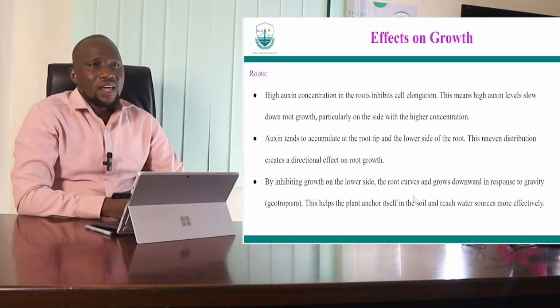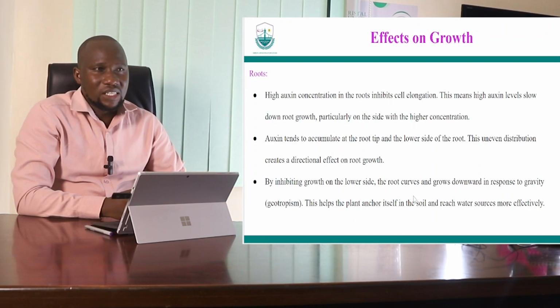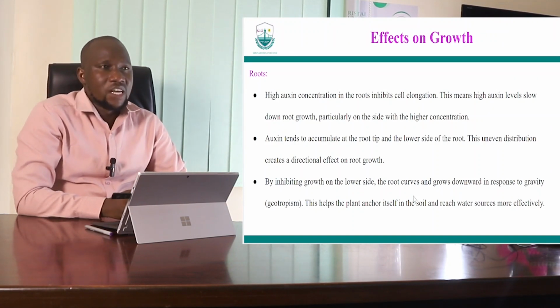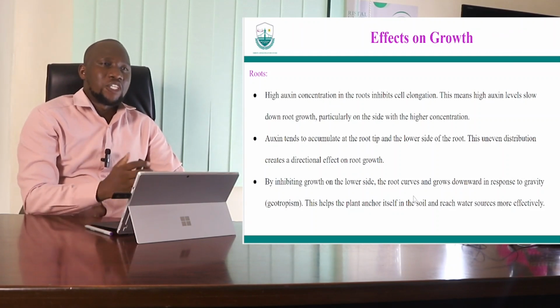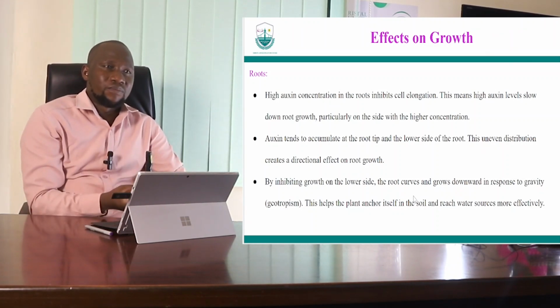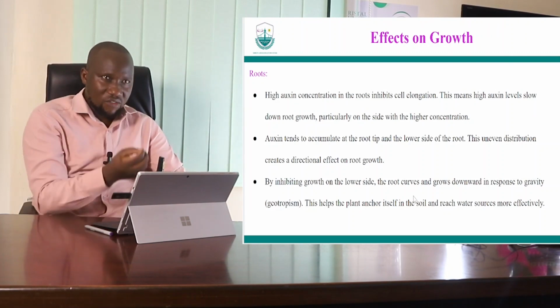Another aspect that we need to note is that these auxins concentrate at the lower side of the root tip because of the gravitational pull.